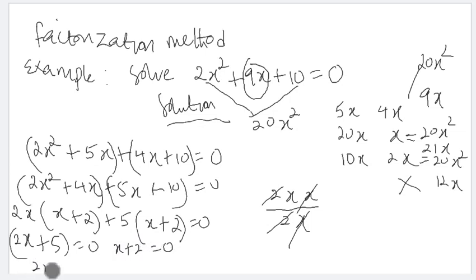So this becomes 2x equals, when you move plus 5 to the right hand side, it becomes minus 5. Then x equals minus 5 divided by 2, when you divide both sides by 2. And x equals minus 2. That's our final answer.